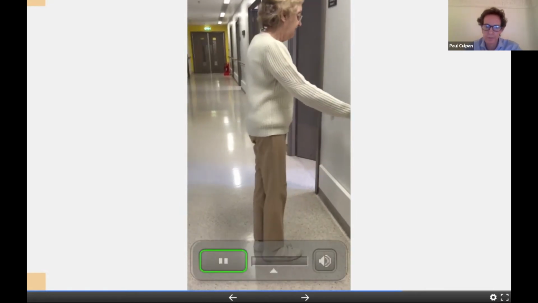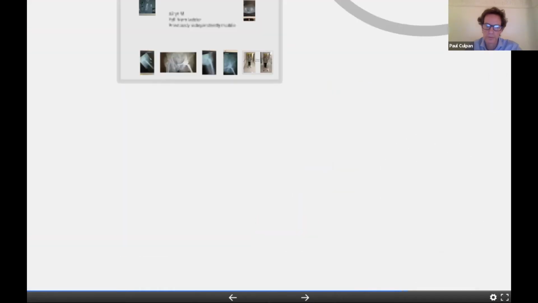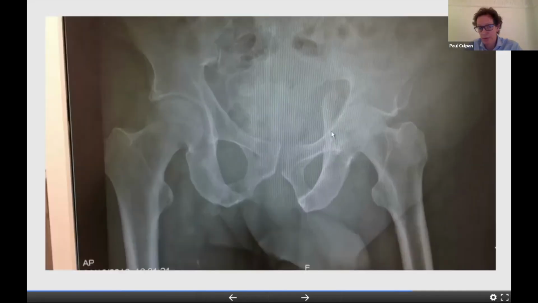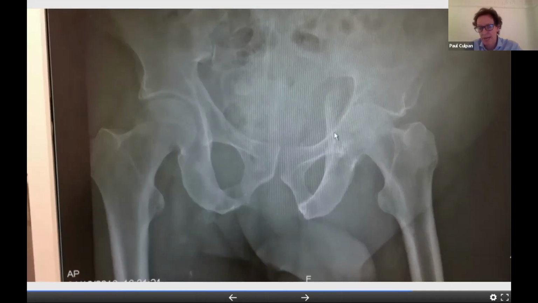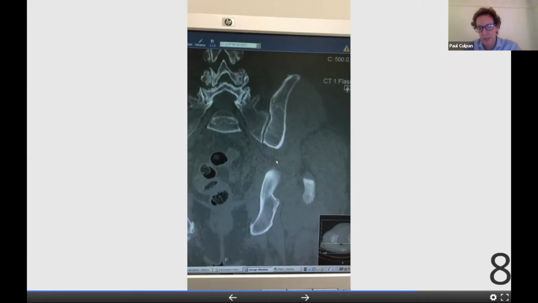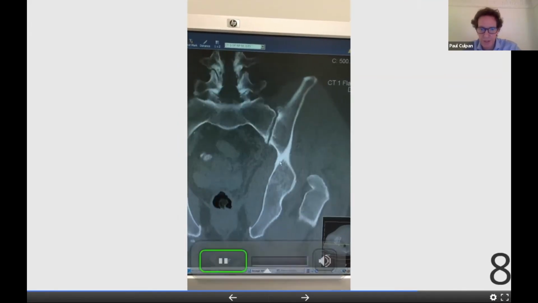And then an 82-year-old fall from a ladder, so a pretty active guy, but with some significant medical history. I just wanted to show you this CT scan.